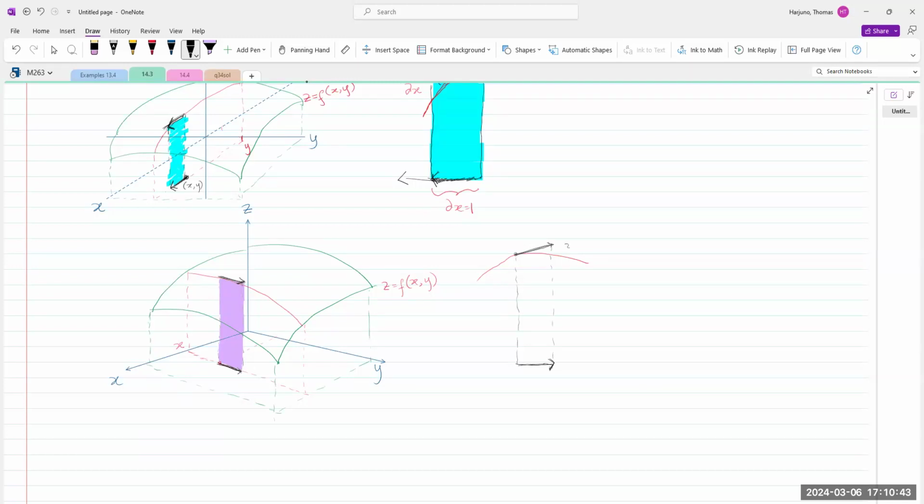So this will be my delta z while we set the delta y to be 1. If we set that to be 1, then this delta z will be basically partial z partial y.